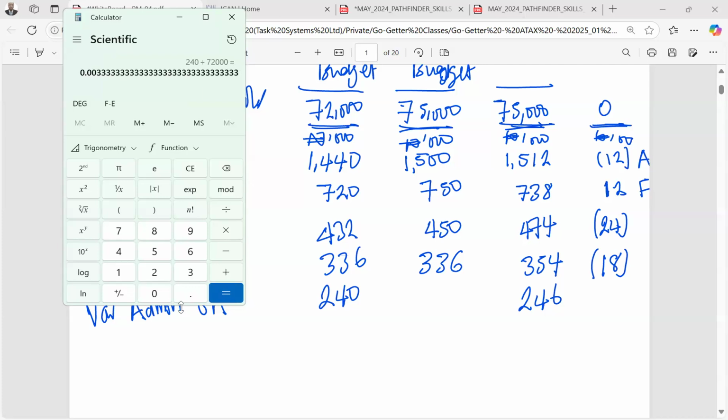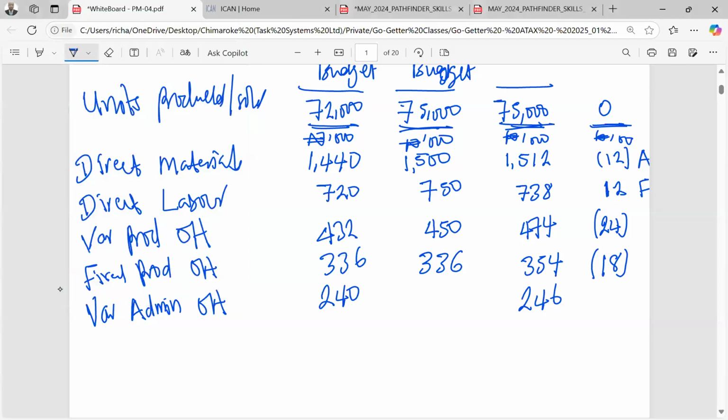We'll get the value for 1, multiplied by 75,000. We will get the value of 250. That's what we are going to use. Of course, 250 minus 246 will give us a positive 4.